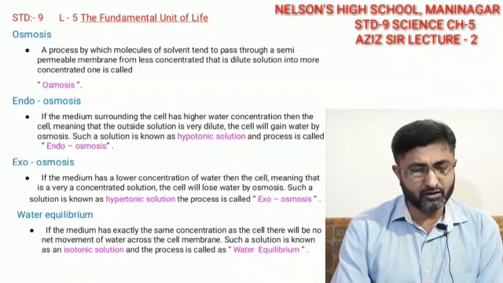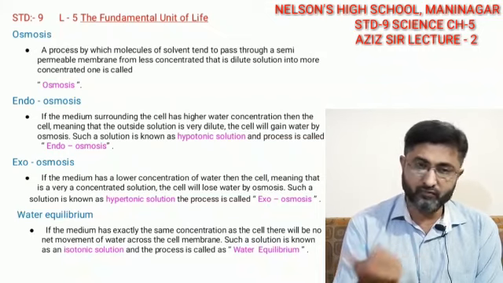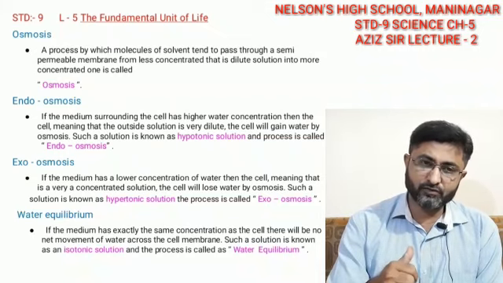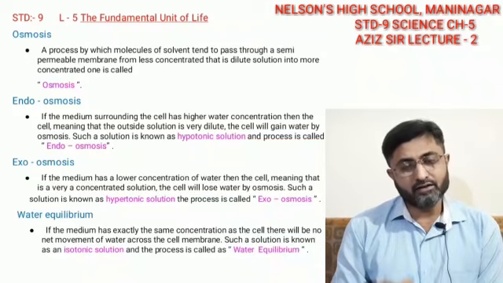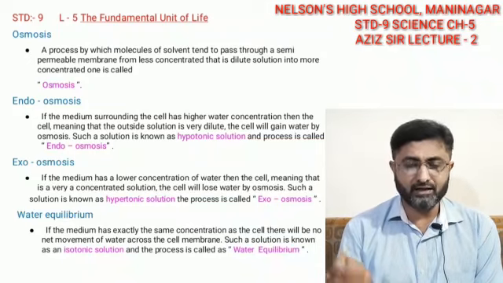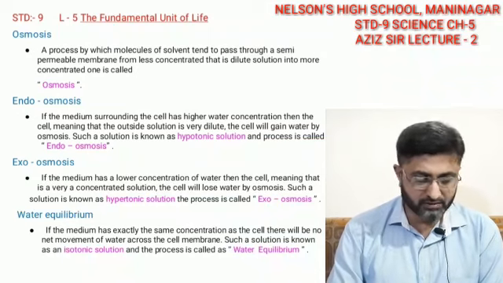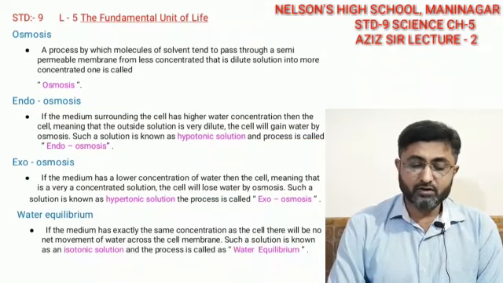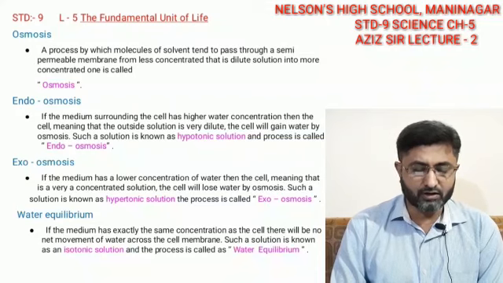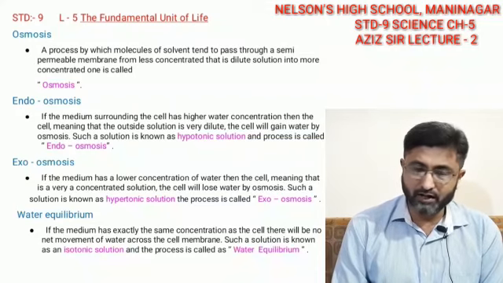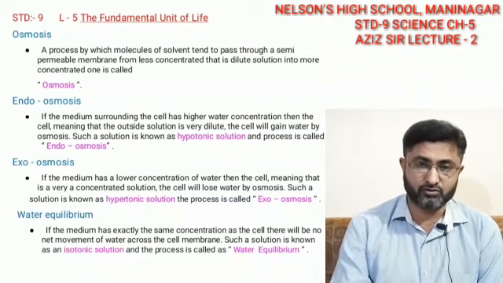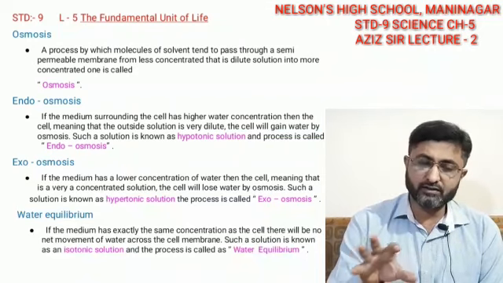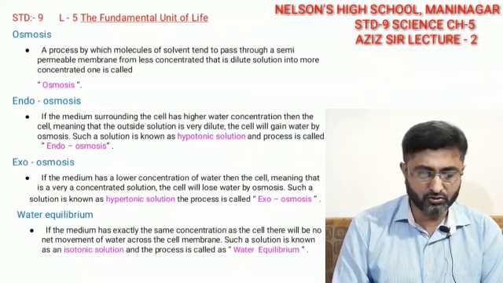When the inside of the cell and the outside of the cell have almost the same concentration of water, neither does water go inside the cell, nor does the inside water come outside. Such a state with no movement of water is called water equilibrium, and the solutions are called isotonic solutions.